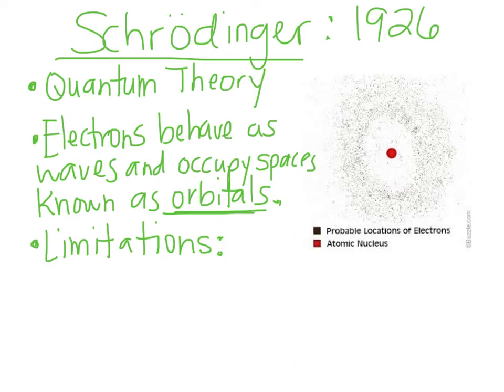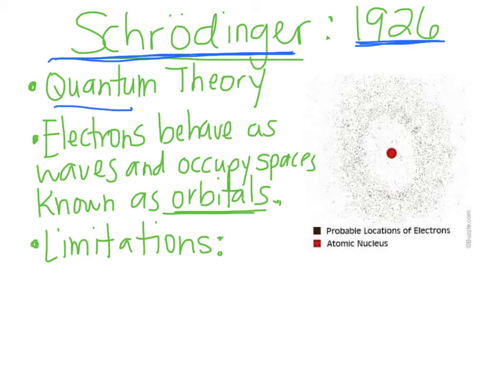So in the past, you guys have usually stopped with Bohr's model, but in reality, the atomic structure has changed quite a bit due to a guy named Schrödinger. Schrödinger in 1926 came up with a very complicated mathematical equation that basically allowed us to predict where electrons were.